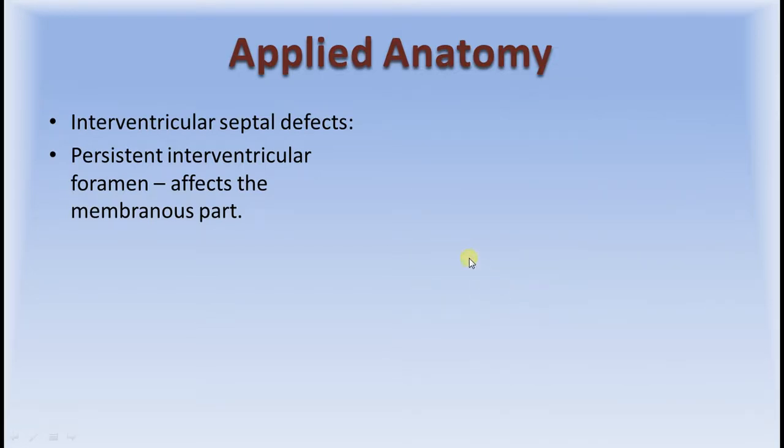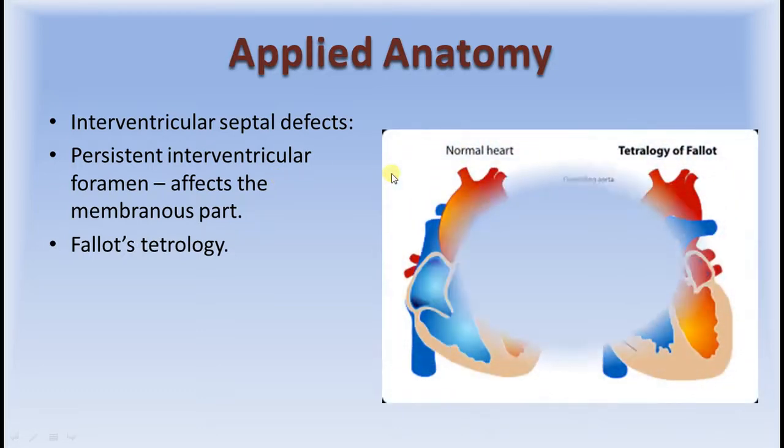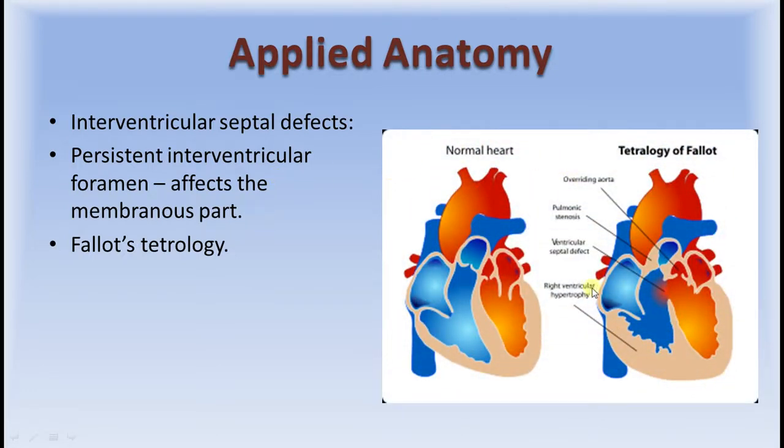So one very common interventricular septal defect is called Fallot's tetralogy or tetralogy of Fallot. It is a combination of 4 defects. So this is a normal heart, this is tetralogy of Fallot, where you have these 4 features: hypertrophy of the right ventricle.